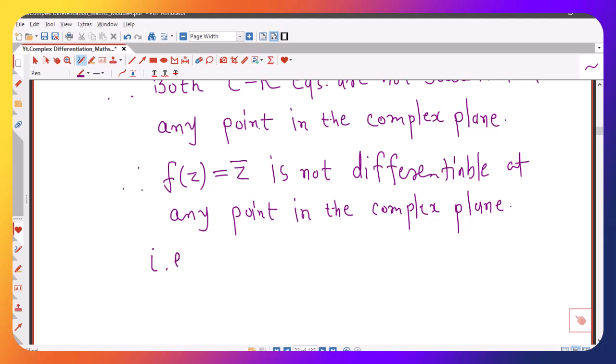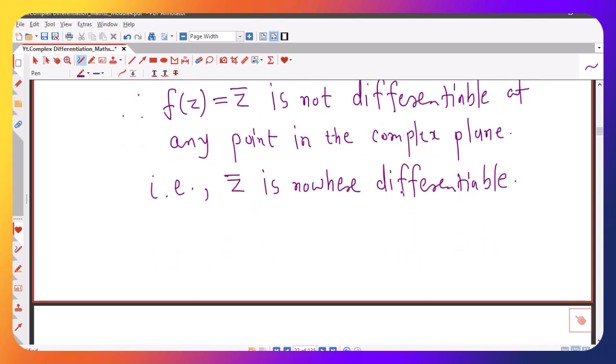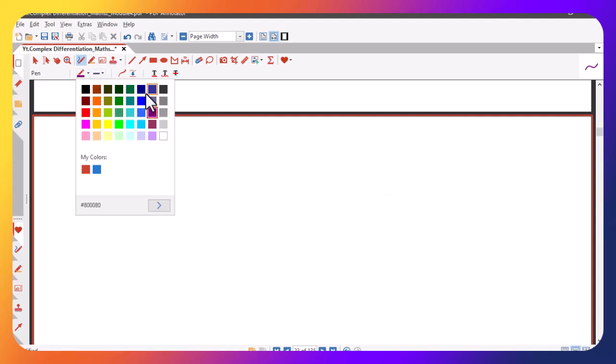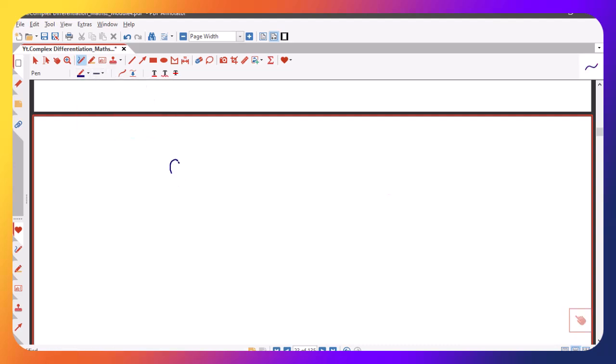This we can write in this way also, that is z bar is nowhere differentiable. So here we obtain one function which is not differentiable at any point. If you recall, in previous lectures we have discussed these functions f of z equal to z square.